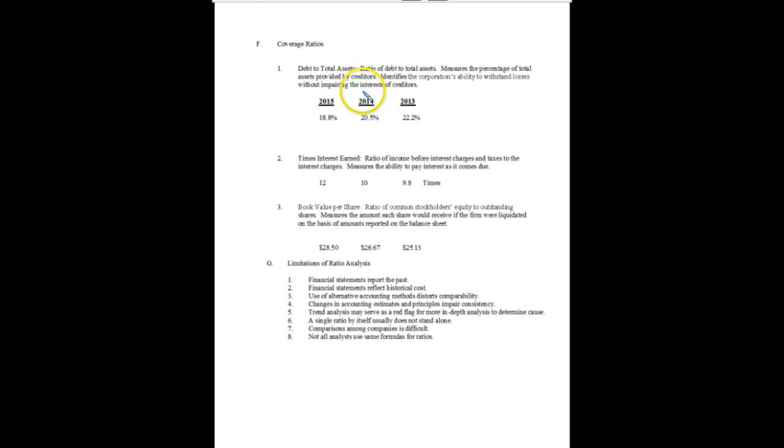All right, last ones. Coverage ratios. We've already talked about total debt to total assets. Also, stockholders' equity to total assets would be the opposite. So if this is 18.8, this is going to be 81.2.